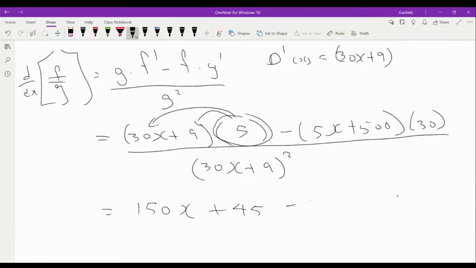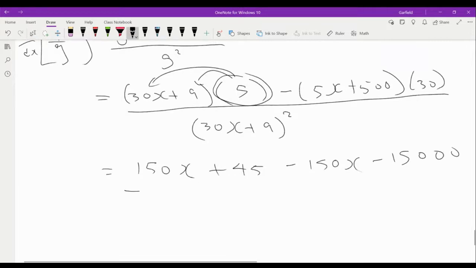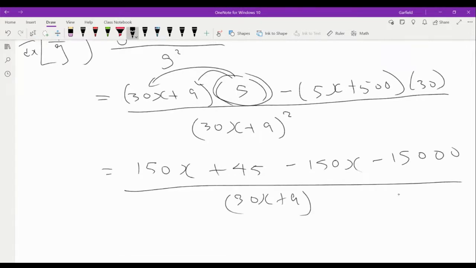So that's 150x plus 45, and that would be minus 150x minus 15,000. And you guys can check that arithmetic on some of that. Over 30x plus 9 squared. So here this will cancel out.